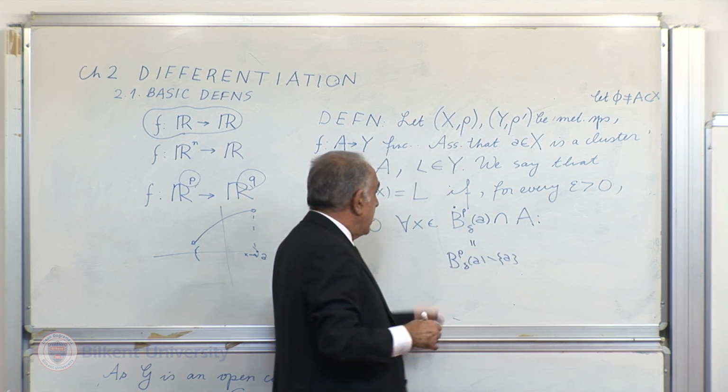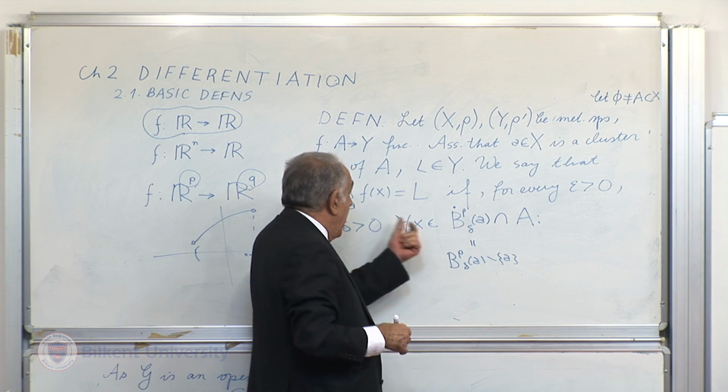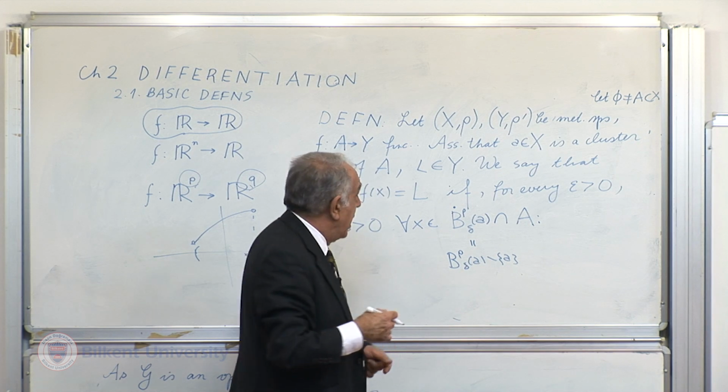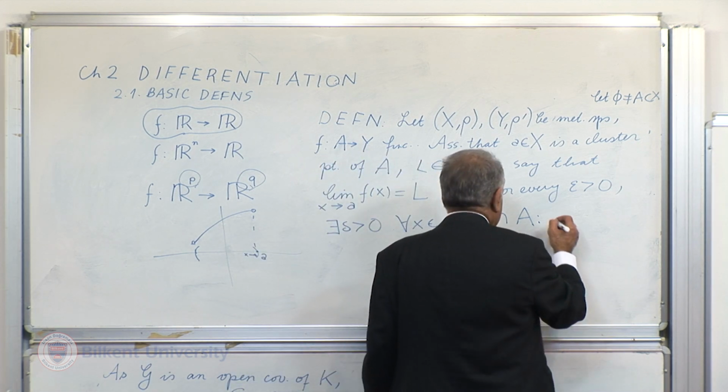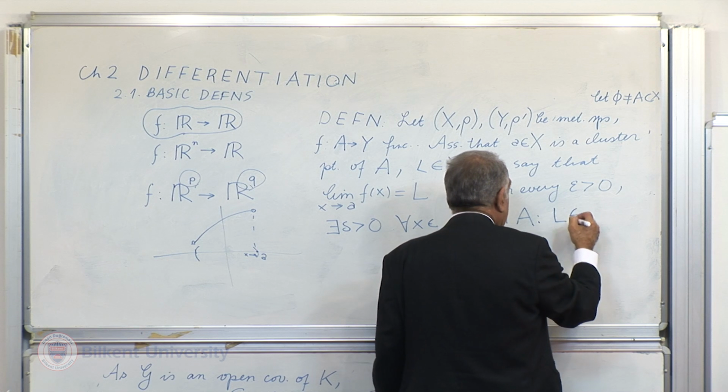Well, now x is delta close to a, but not a, because f of a may not even be defined. a need not be a point in the domain. Then we'll have rho of, well, or let me write it in the ball notation as well.